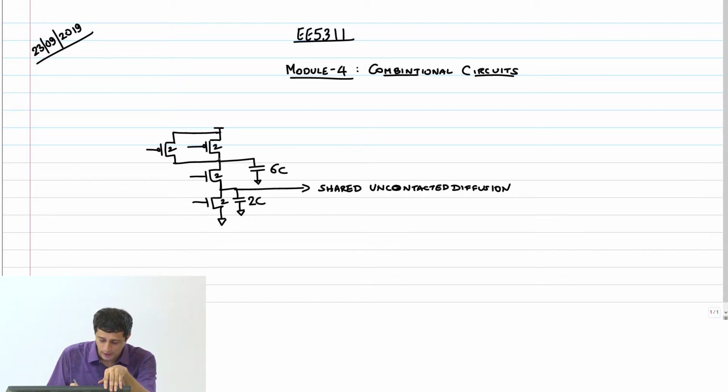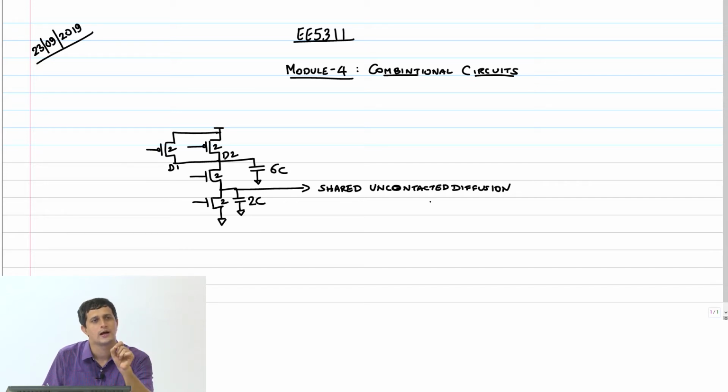Whereas if you look at the two PMOS transistors, even though the drains of both PMOS transistors, drain 1 and drain 2, are shorted, they are a contacted diffusion and therefore you need more space. So effectively the capacitance goes up because of that reason. It's not like you have just one diffusion there for both these transistors.